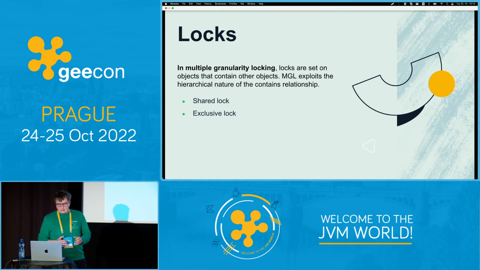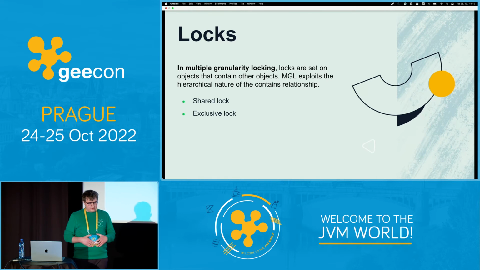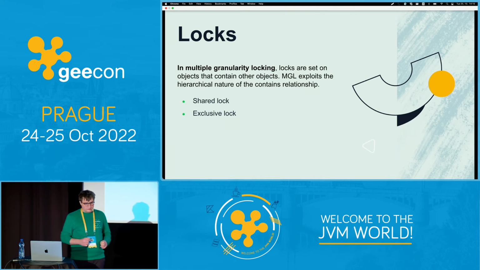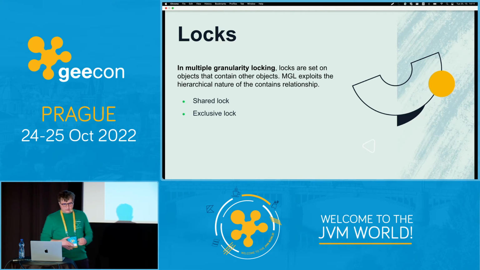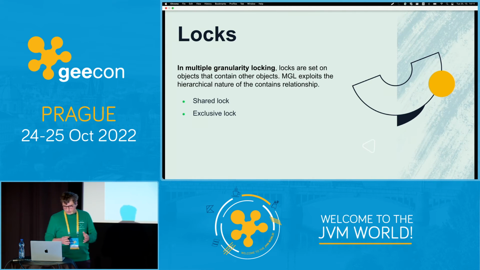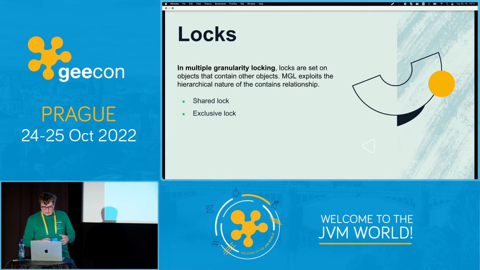Once you need more pages, the database will decide that now it's easier to maintain the lock on the whole table. So this is an example of multiple granularity locking. A lock has a hierarchical structure, where a node can contain child nodes.